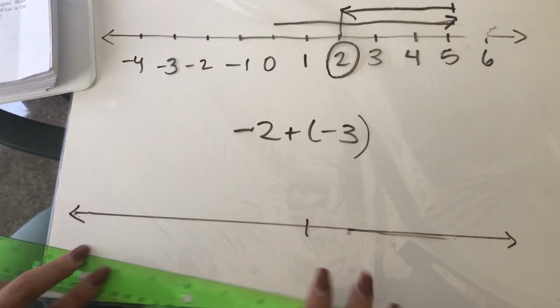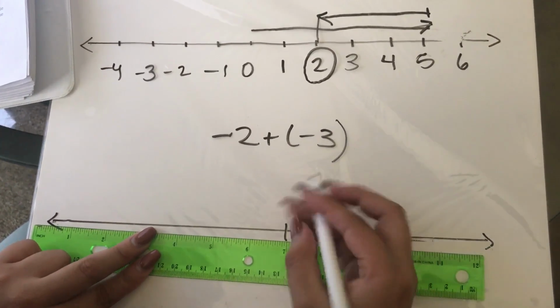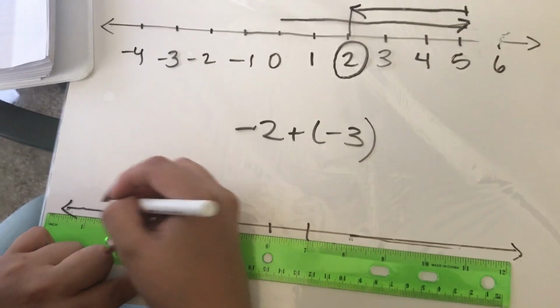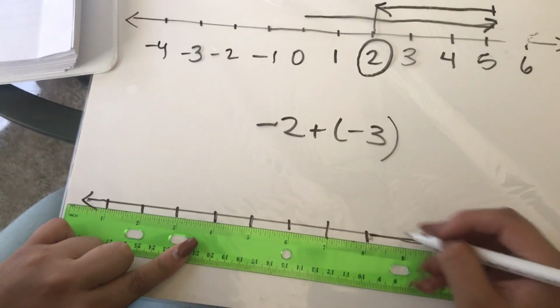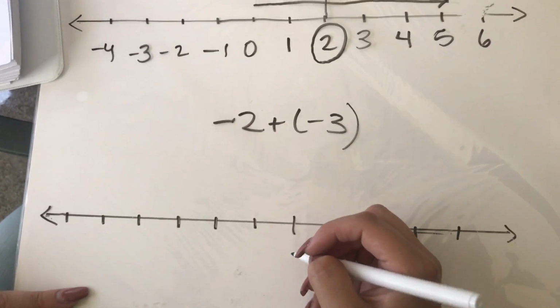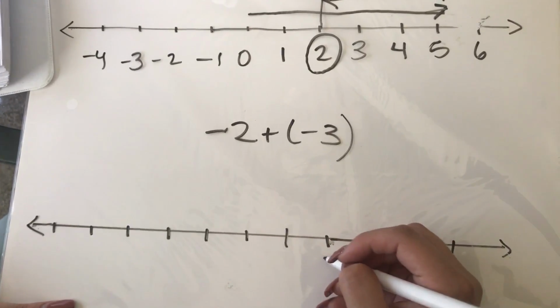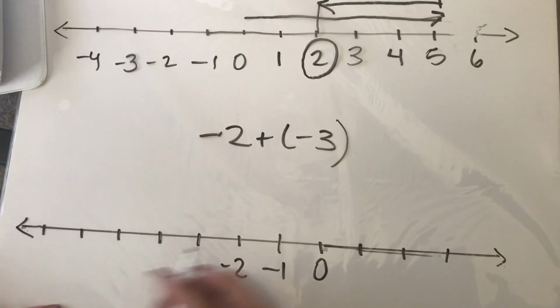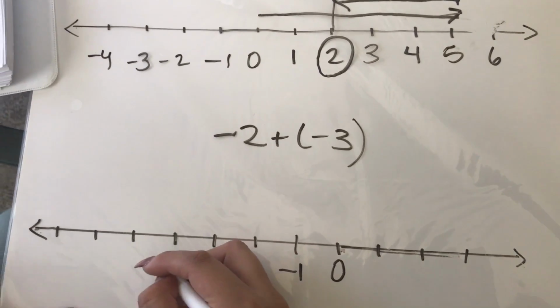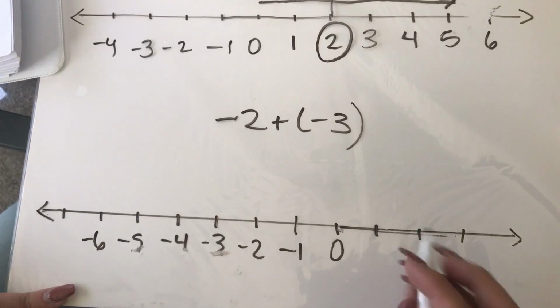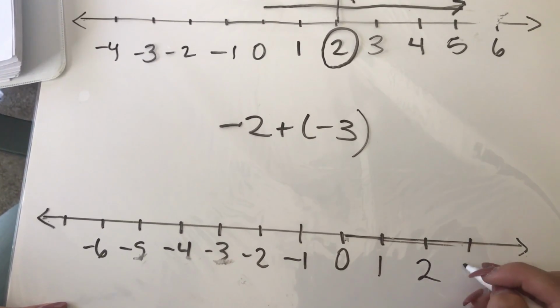Make them about an inch apart again. Let's say this is 0 right here. We're going to go -1, -2 since they're to the left of it, -3, -4, -5, -6, and so on. And over here 1, 2, 3.